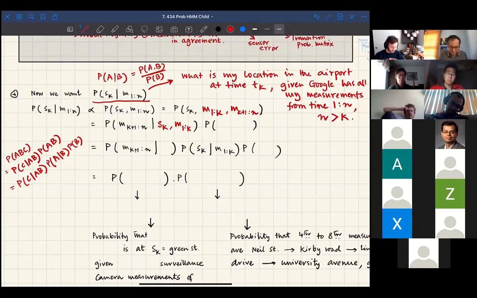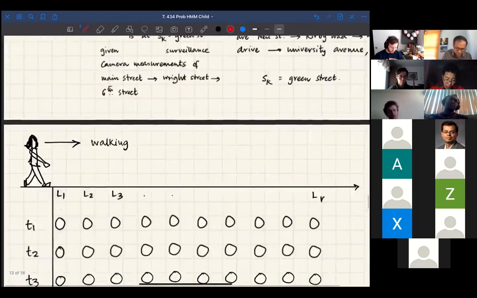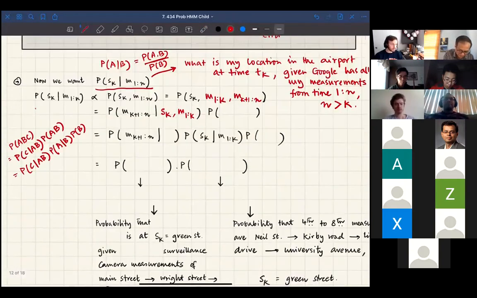So let's do it exactly that way. Why is it not P of B given A times P of A? You can do it either way, it doesn't matter. So we are going to do one of those ways.